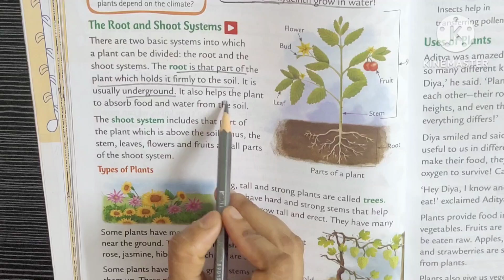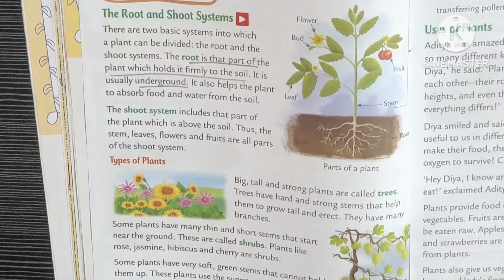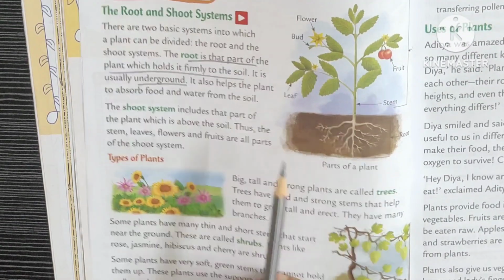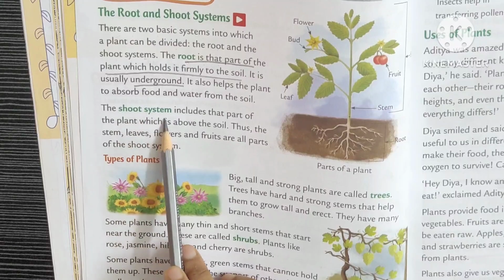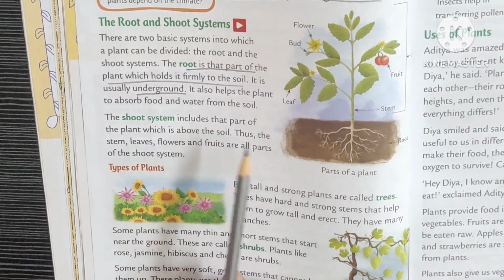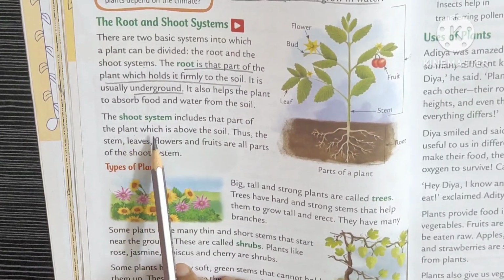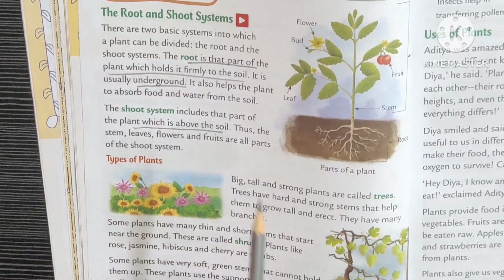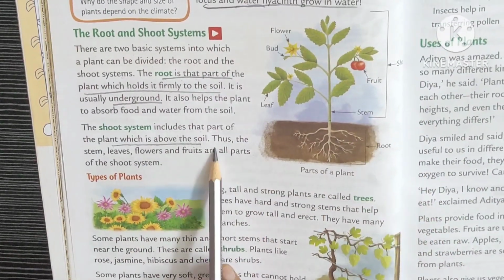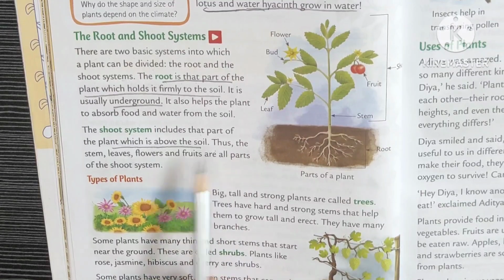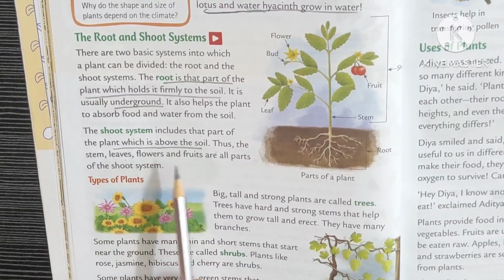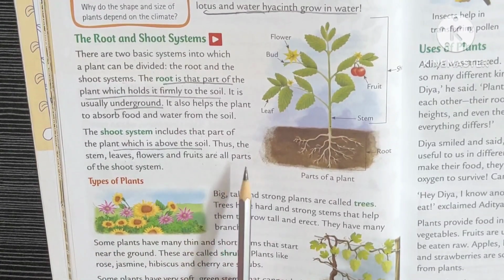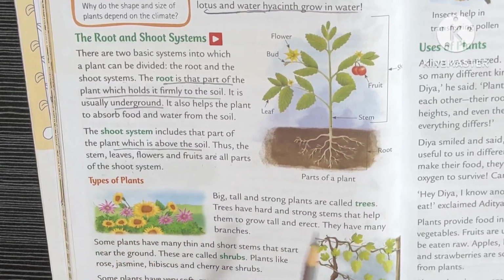It also helps the plants to absorb food and water from the soil. The shoot system includes that part of the plant which is above the soil. Thus, the stem, leaves, flowers, and fruits are all parts of the shoot system.